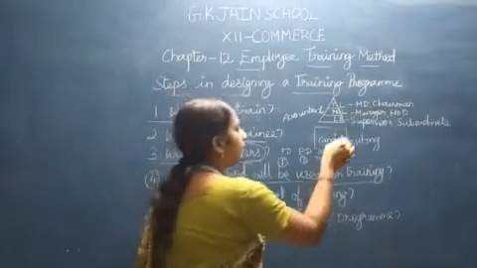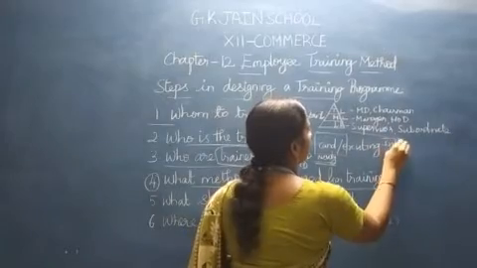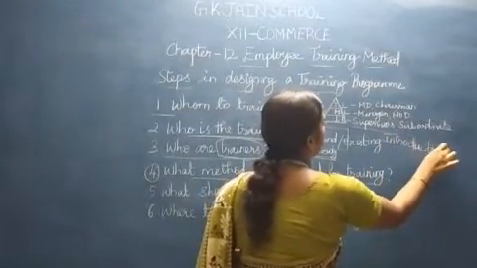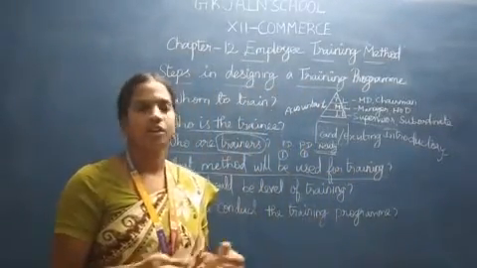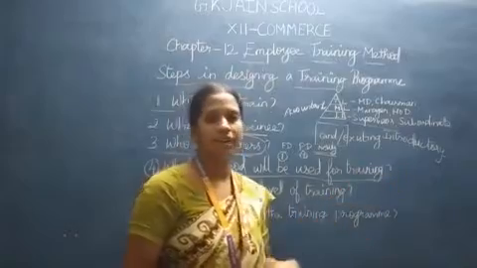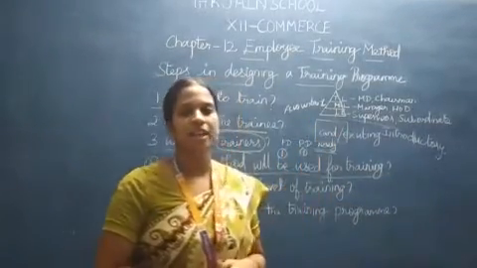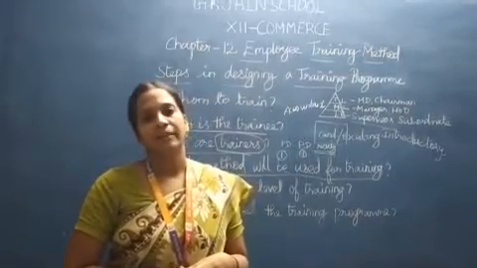For the lower level, if they are newly joined, then they will have an introductory training. Introductory training will be given to the lower level candidate because they do not have the knowledge or are newly joined. For the middle level, we have managers and HODs. For them, skill development training will be given.